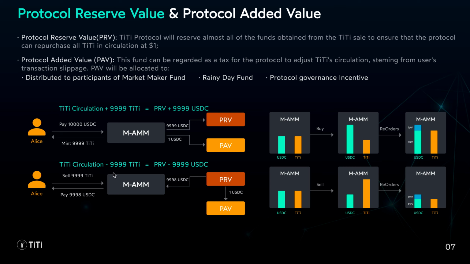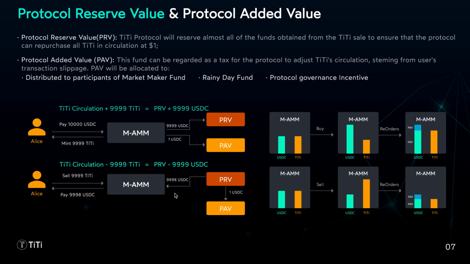In sell or redeem processes, correspondingly, when Alice sells the 9,999 TT she will now get about 9,998 USDC.